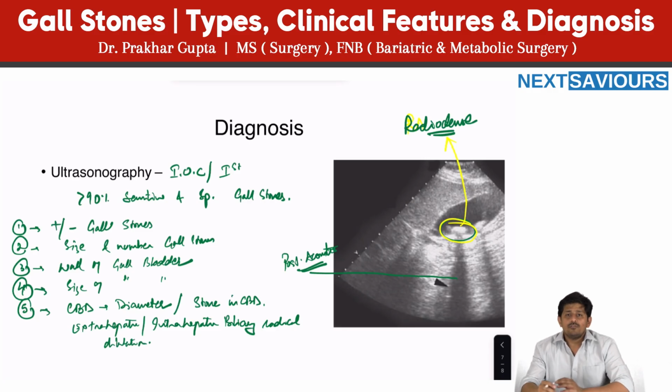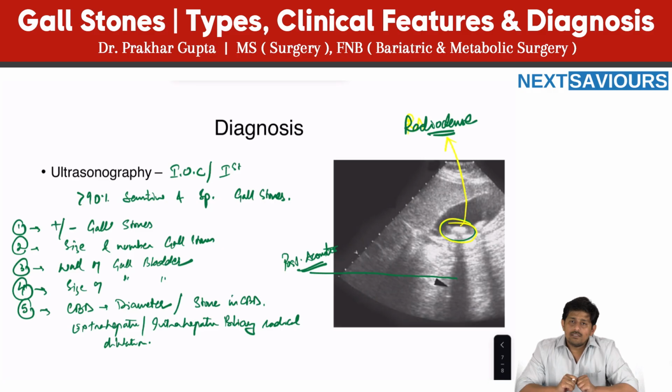These are all the information that we tend to get on an ultrasonography, and this is all important because anything which we have discussed will change the line of management. Suppose there is a CBD calculus, you are not going to operate on that patient. That patient will first require an ERCP.